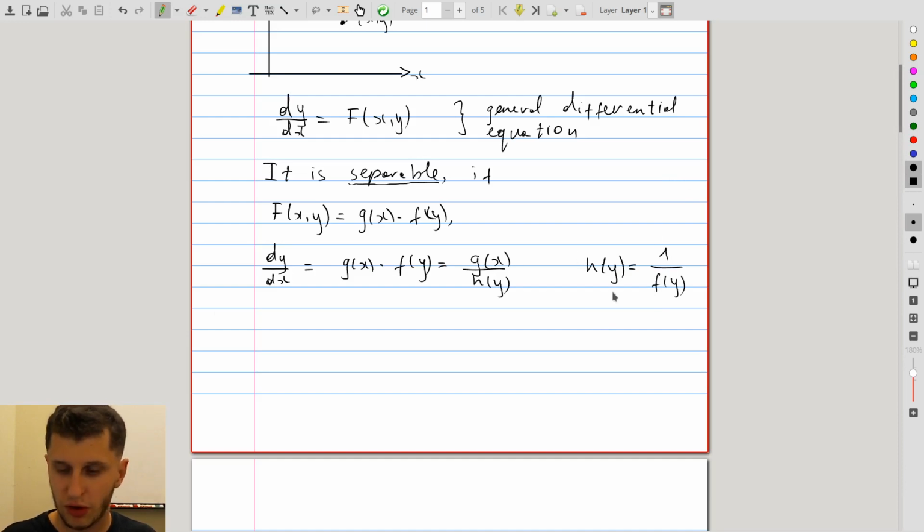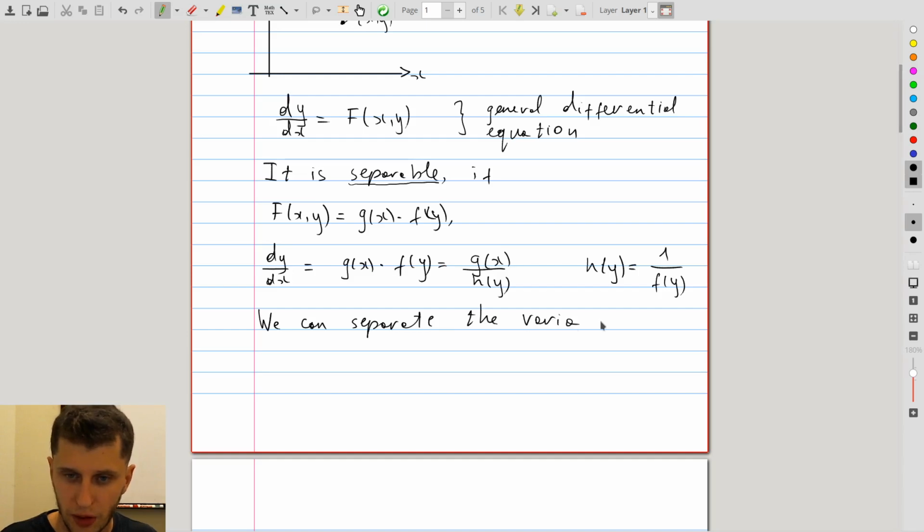And so for such an h of y, we can separate the variables in the following way. We have h of y dy equals g of x dx.